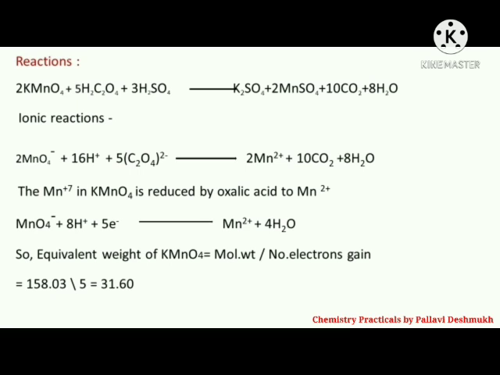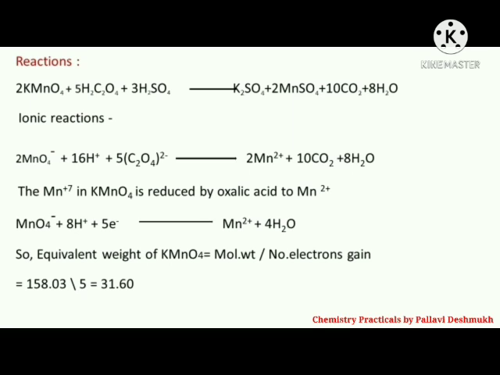In this reaction, the KMnO4 is converted into MnSO4. The oxidation state of Mn in KMnO4 is +7, while the oxidation state of Mn in MnSO4 is +2. The Mn7+ ion is converted into Mn2+ ion by using the oxalic acid as a reducing agent, by the gain of 5 electrons.